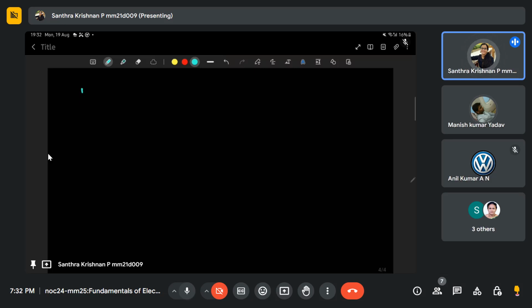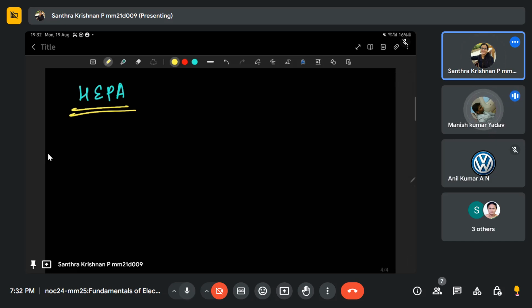So there is something known as HEPA filters. Can anybody tell me the full form of HEPA? Something known as HEPA filters in clean rooms. HEPA filter, ma'am. It is used in ballroom design, basically.